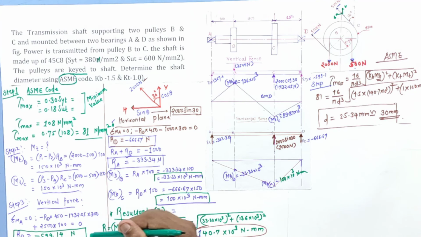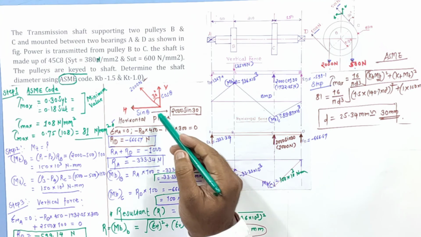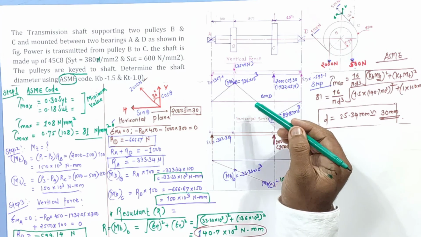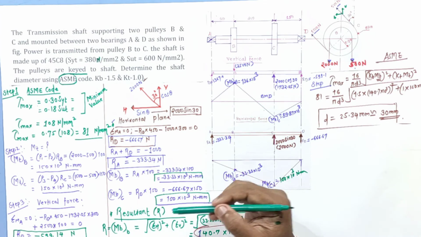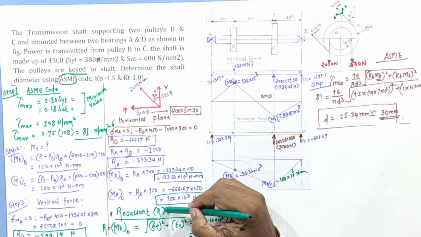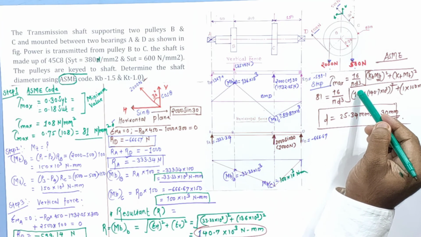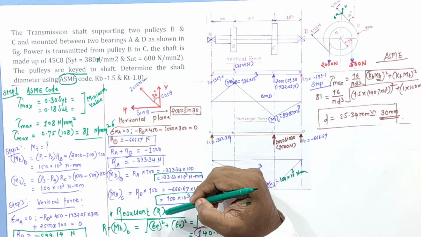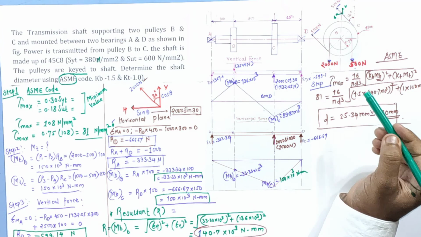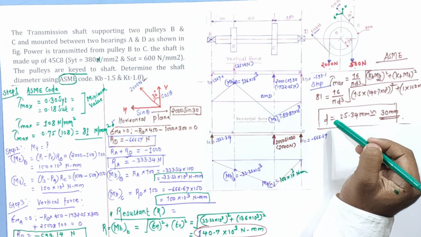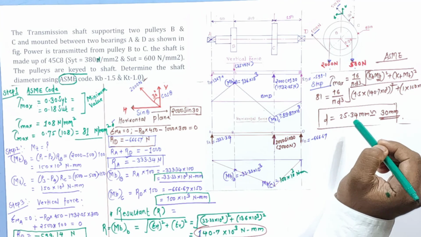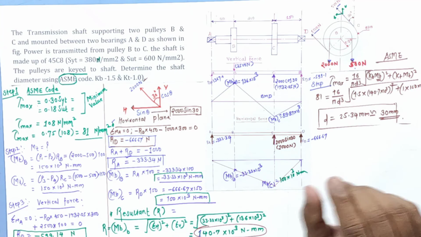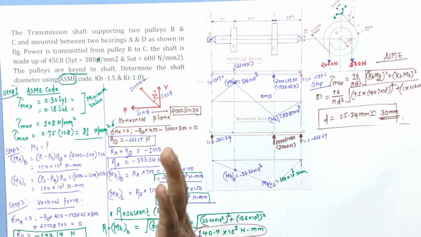After the torsional moment, for bending we'll use force analysis, which I have shown in the figure, and select the maximum bending moment. That will be directly included in our final equation, through which we'll get the diameter of the shaft, what we call the design of shaft in the case of inclined loading for the pulley case.